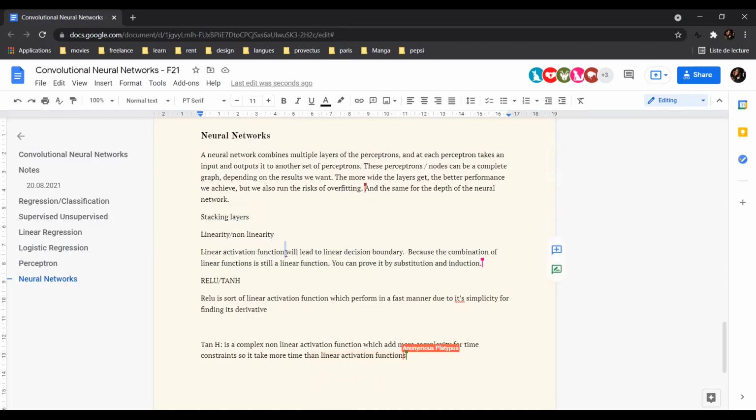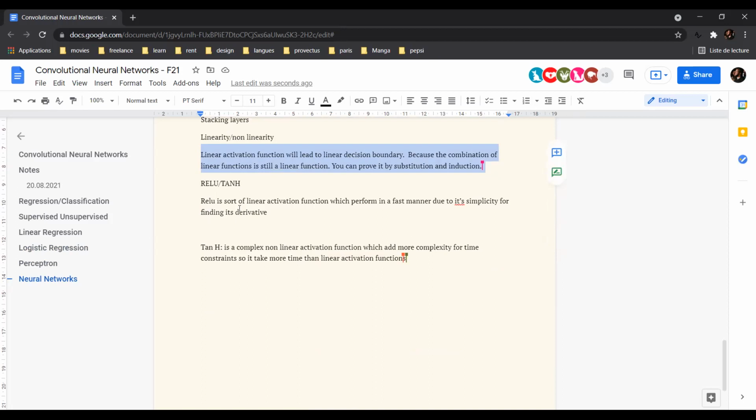A linear activation function will lead to a linear decision boundary because of the combination. Very well. ReLU is sort of a linear function, but it is definitely not a linear activation.